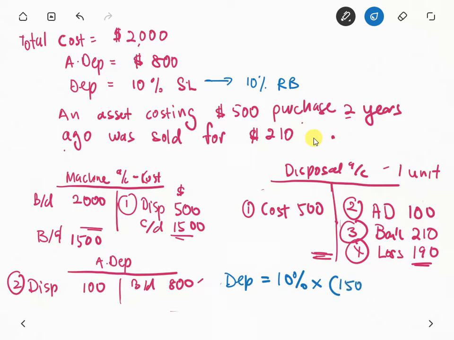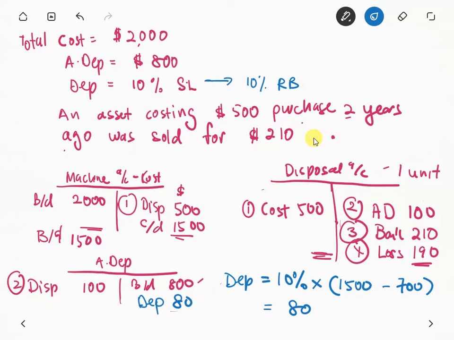Cost is 1.5. Net book value accumulated, it was 8. 1.5 is after disposal. So accumulated must be after disposal, means 700. So 800. Depreciation will be 80. Not 150. Done.